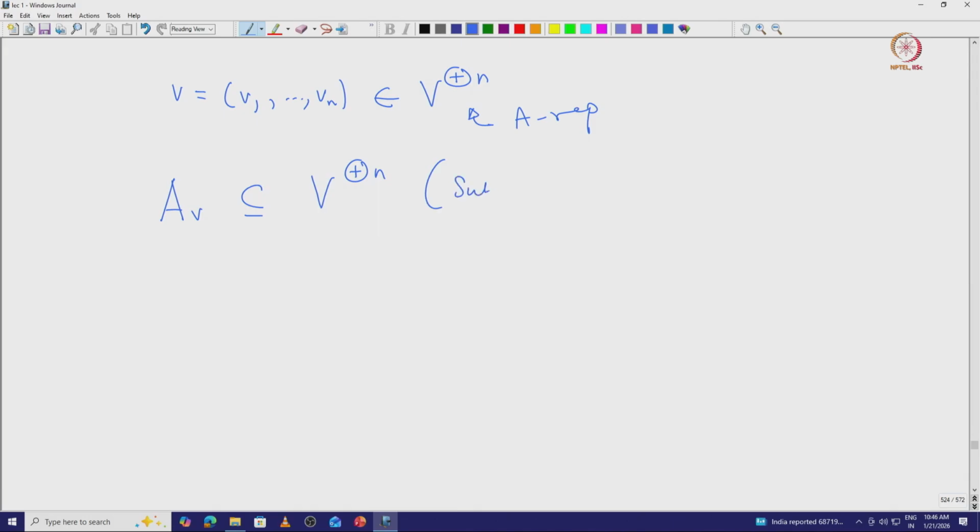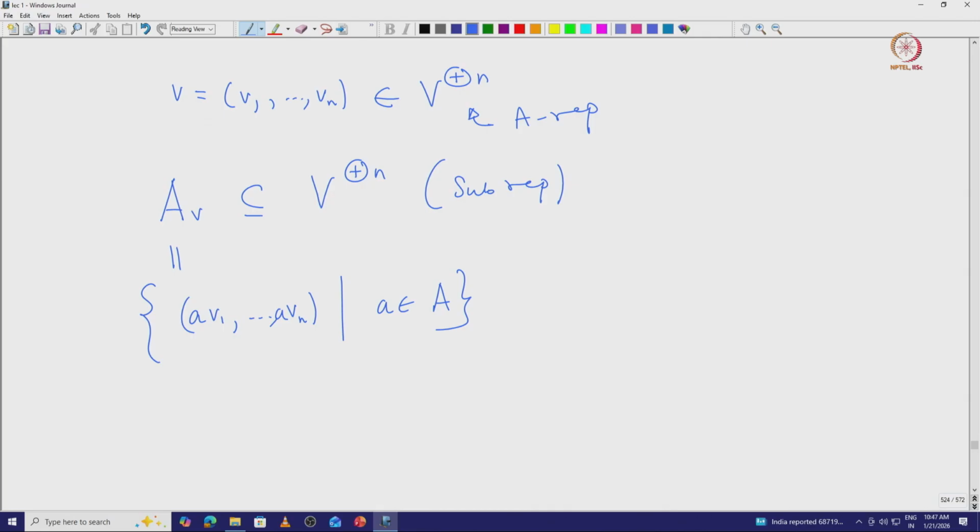Indeed, our claim is that this AV is exactly V direct sum n. Note that AV, by definition, is all possible actions of A on this cyclic vector v1 etc. vn, but since we are working in the direct sum, it acts on the individual coordinates. So, this is going to give us Av1 etc. Avn where A varies over capital A. Okay. So, this is our sub representation AV.